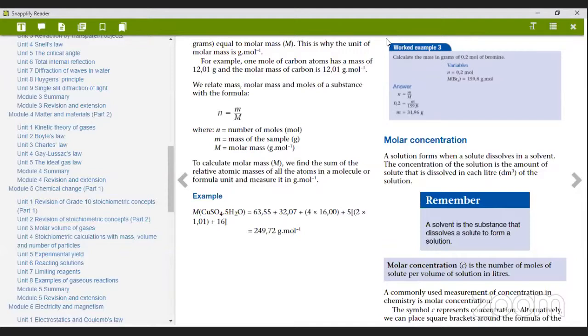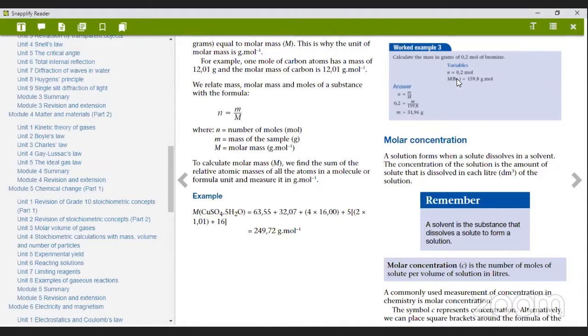As you can see there, they say calculate 2 mole, but they don't give you the molar mass because they know that you're going to calculate it. You can calculate it by finding it on the periodic table. So here you can see bromine, it's Br2. Let me just get a clear definition of the periodic table.